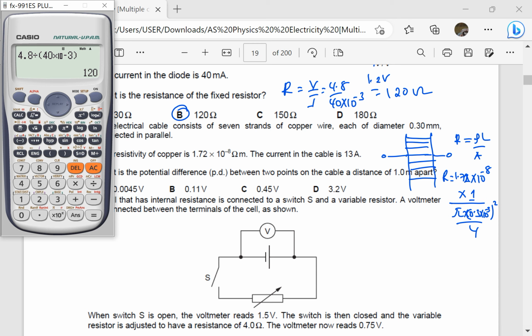So this is going to be 1.72 times 10 exponent negative 8, of course, times 1 divided by, the 4 goes up, so I'll say times 4, divided by pi into brackets 0.3 times 10 exponent negative 3 squared.